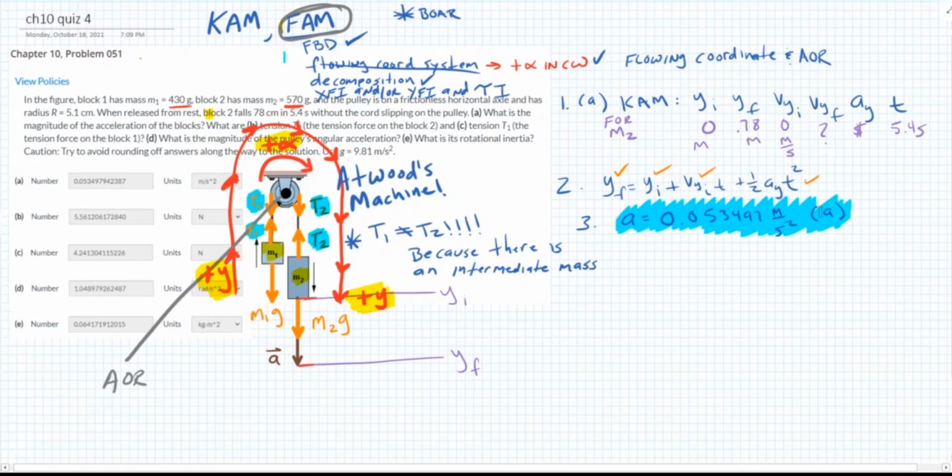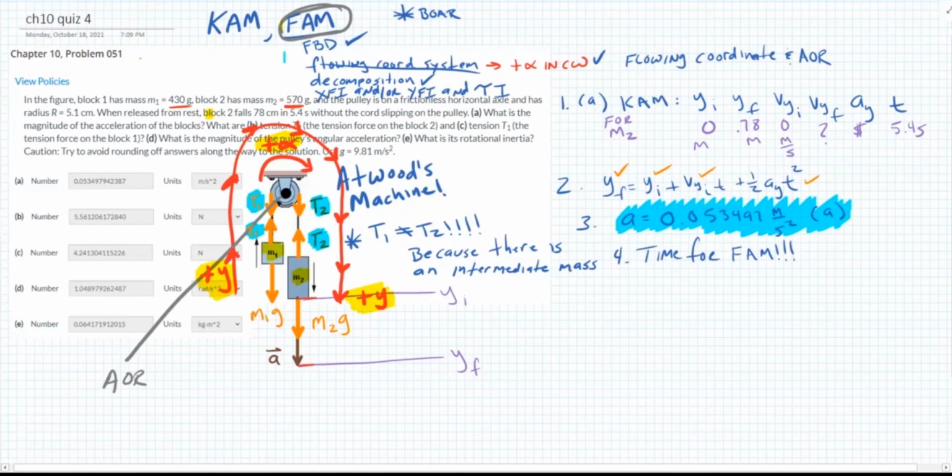All right. Now we have to figure out the tension: T2, the tension on block 2, and T1, the tension on block 1. So now it's time for the force analysis method.